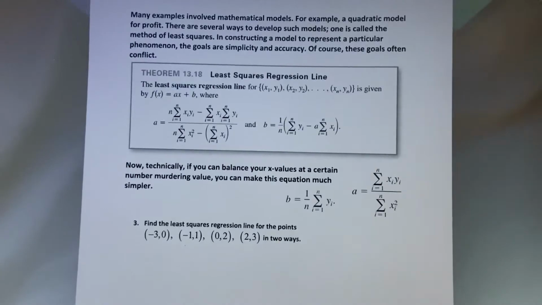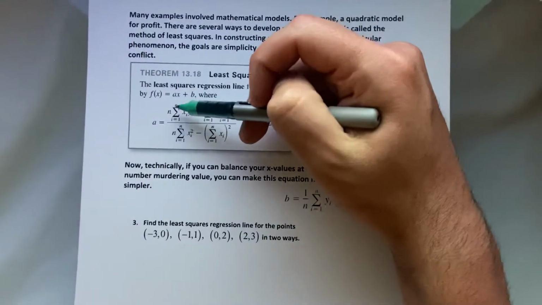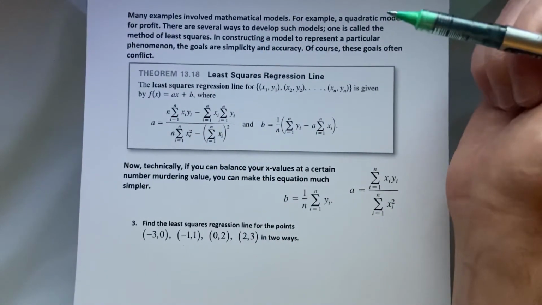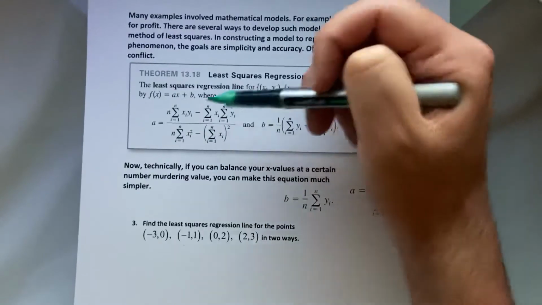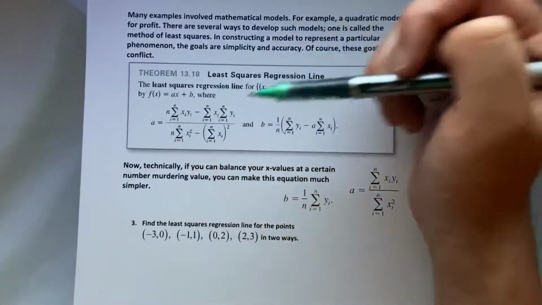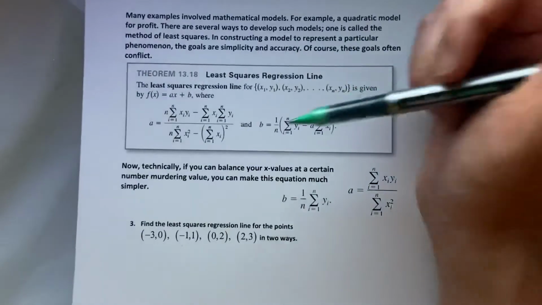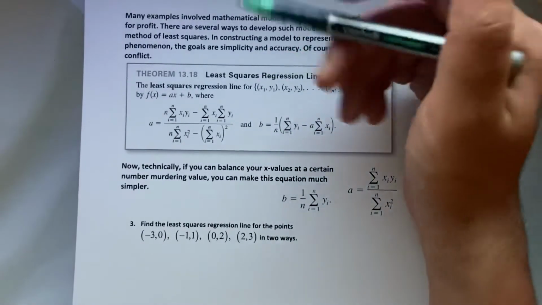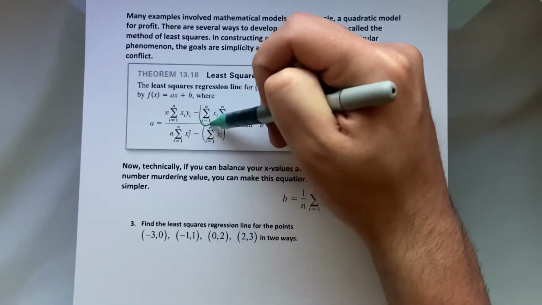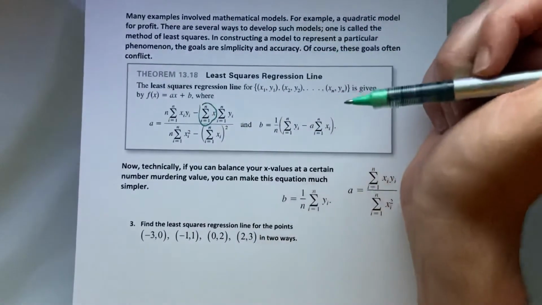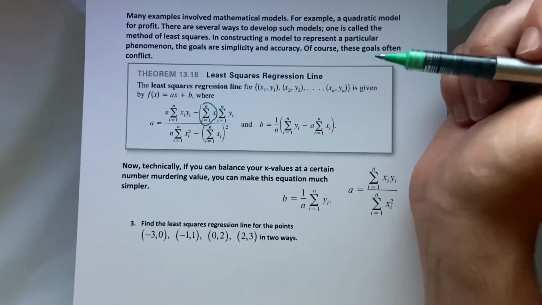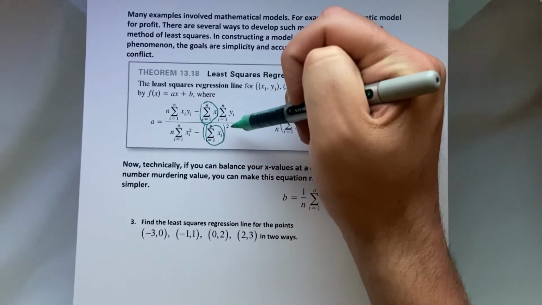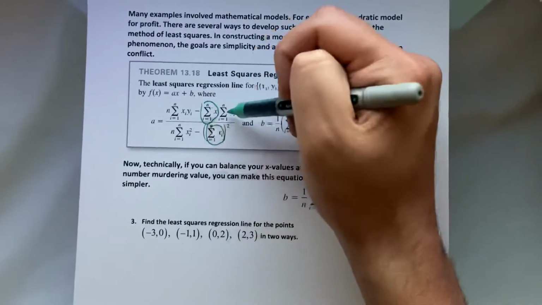Now, what some people have learned: a is n times the sum from i equals 1 to n of xi yi minus these separate sums, divided by n times the sum of squares minus the separate sum squared. Someone realized that if they could make this sum 0 by balancing x properly, this thing also becomes 0, and 0 squared is 0. 0 times anything is 0.